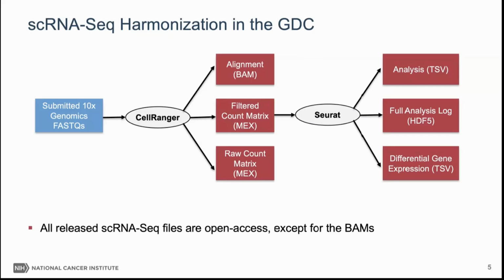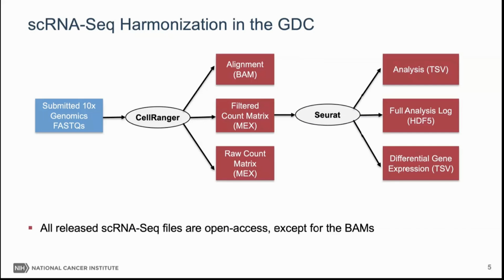This filtered matrix is not a direct output of scRNA-Seq. scRNA-Seq generates a filtered matrix, and we have applied additional filtering steps to further remove empty droplets and doublets that result in what we call the high confidence cells as the filtered matrix.